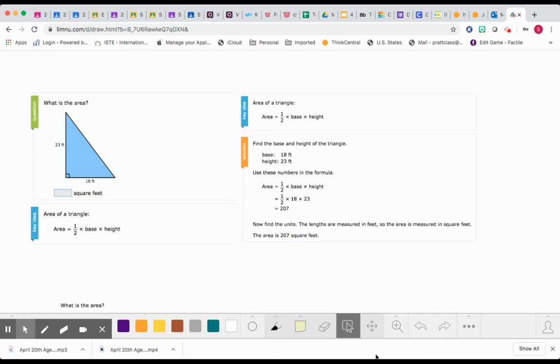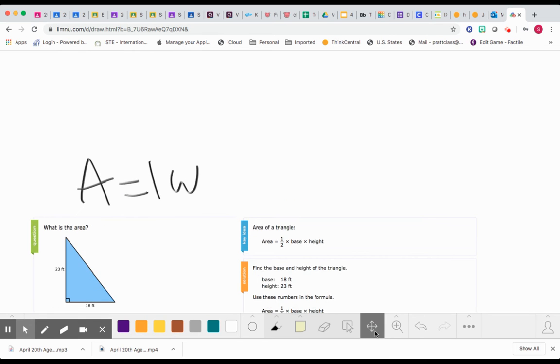So in a square, area would be A equals length times width, okay? So you can see my writing there for a little bit.